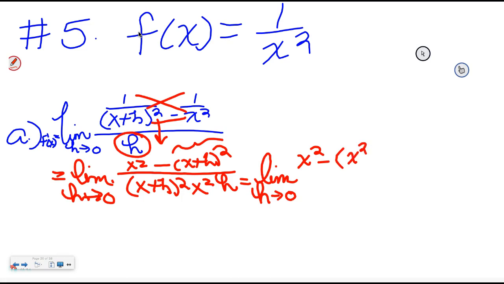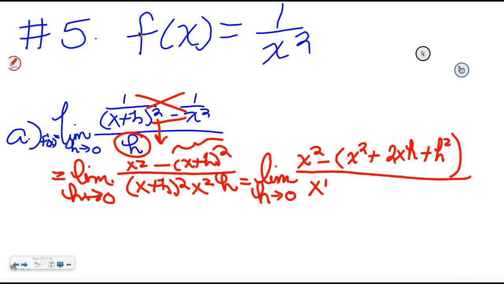Foiling would give us firsts, outside xh, inside xh, and lasts, all over x plus h squared. Remember in our limits chapter I said do not multiply that bottom out because you want things to cancel and you want to see them cancel. So you don't deal with the bottom. On the top, my non-h terms should cancel, or I've done it wrong. They do. x squared minus x squared is gone.